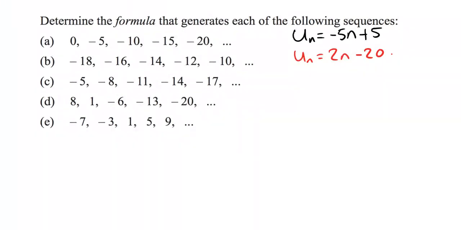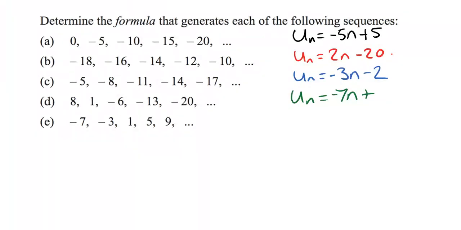In C, we are going down again, in 3s. Un equals minus 3n. Minus 3 minus another 2 is going to give us that first number, minus 5. So there's my answer for that one. In D, we can see quite clearly we are going down in 7s, so un equals minus 7n. What is it I add to minus 7 to get positive 8?